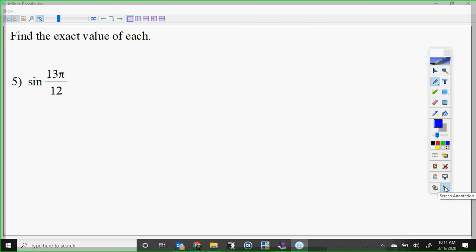Well, what if we have it in radians instead of degrees? Well, this still works. I have 13 pi over 12, and I'm actually going to ignore the pi for just a second and think of this as just 13 over 12. Well, remember, a fraction is something plus something. I know my denominators both have to be 12. And if you think about this, on your unit circle, none of your denominators are 12.